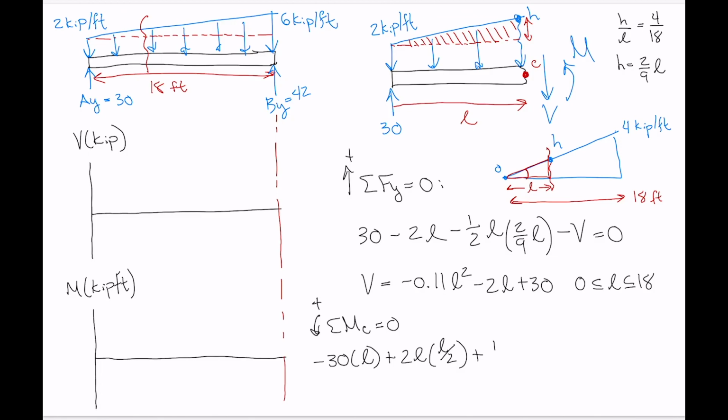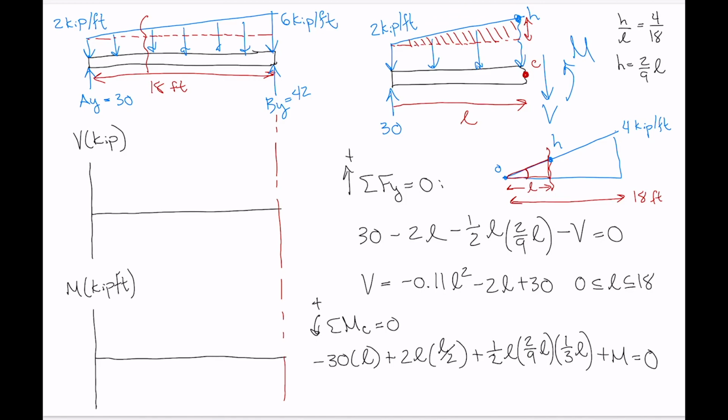So its resultant is 1/2 of the base length times the height, which we said was 2 over 9L. And then we know relative to point C, it's going to be located 1/3 of the base of that triangle away. So that is 1/3 of L away from point C. And then also contributing a positive moment is the internal moment. So we've got plus M equals 0, right?